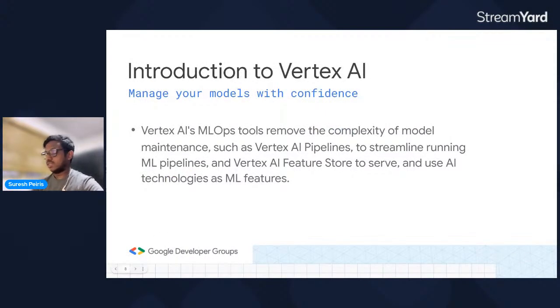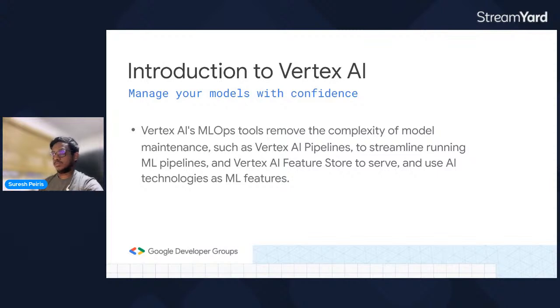Yeah, so that's all about the custom ML models. I think I'll talk more about that in the further slides. Also, in addition to all the custom models and the AutoML models, Vertex also provides full end-to-end tools to automate machine learning operation tasks. So basically, this is called MLOps.